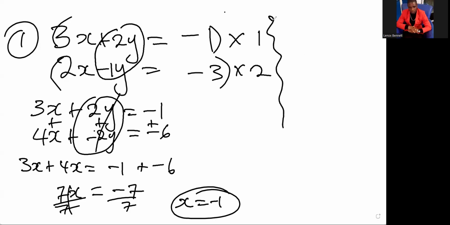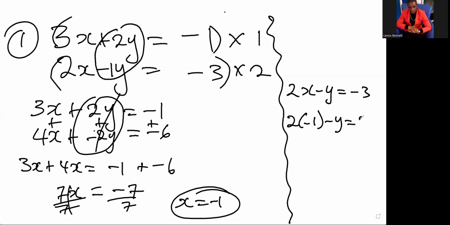Now that we know x is negative 1, we can use any one equation. Now we use equation 2. Anywhere you see x, you replace it with negative 1, right? So 2 times negative 1, that's minus 2. So minus 2 minus y equals minus 3.